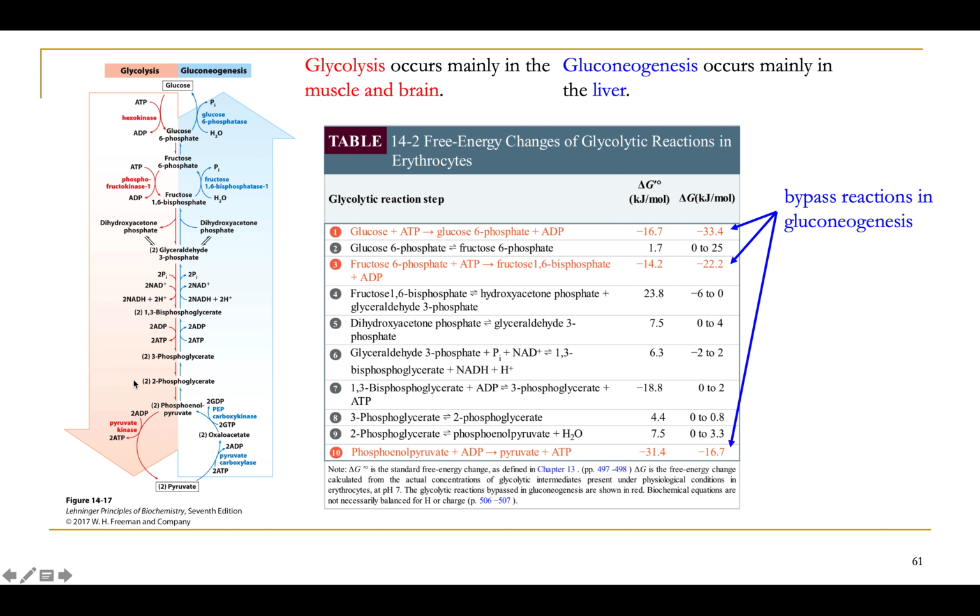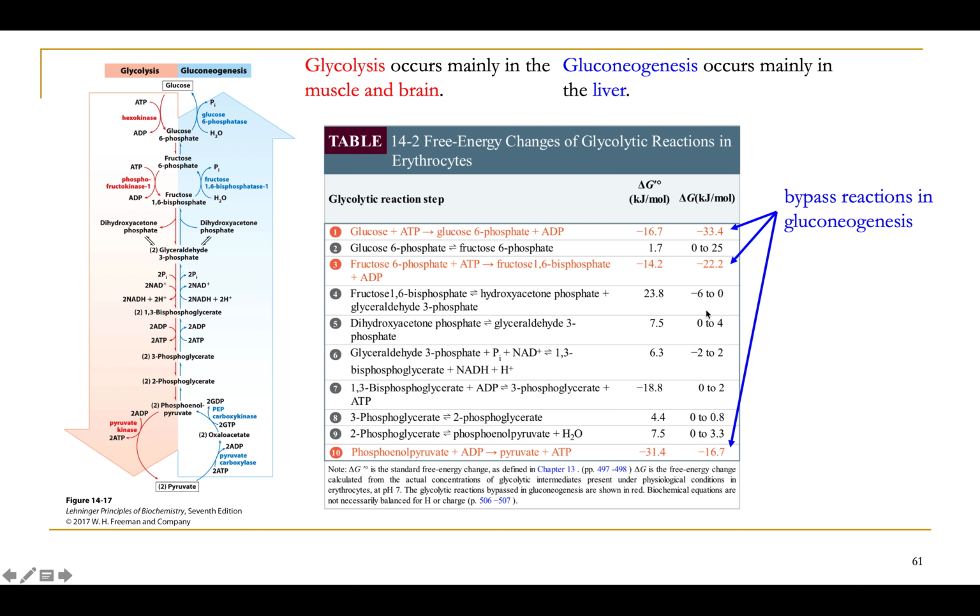When we talked about glycolysis, we have learned that glycolysis, although it produces ATP, is a highly exergonic process. A lot of free energy is released. So to answer these questions, we shall look back at the energetics of glycolysis pathway.